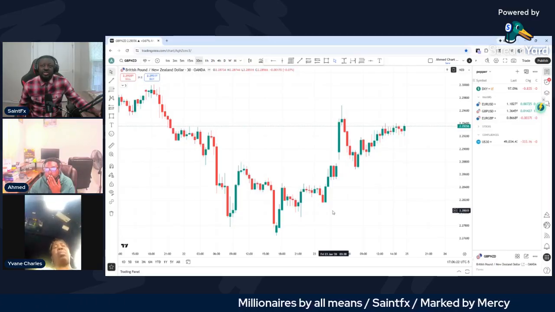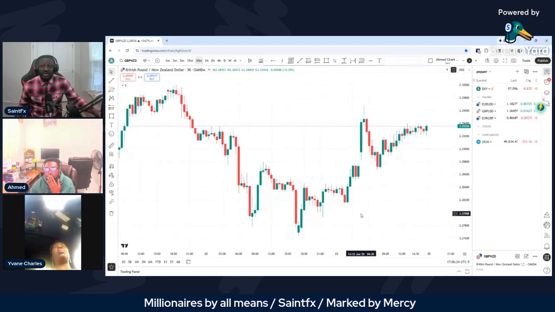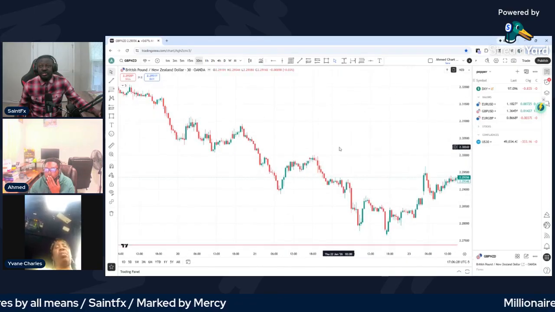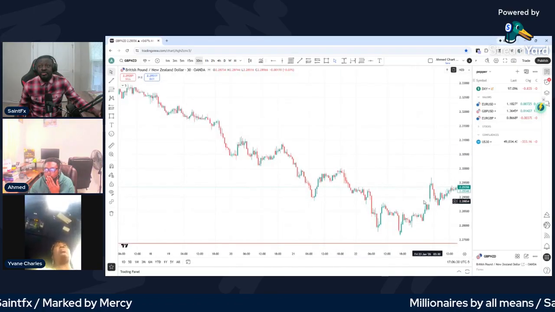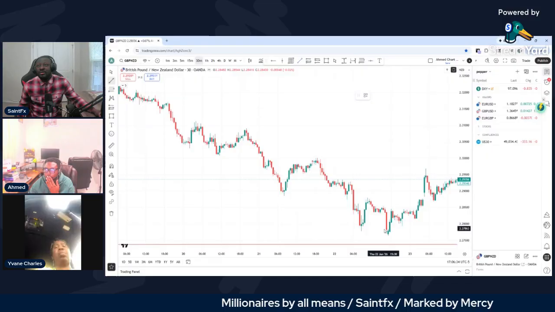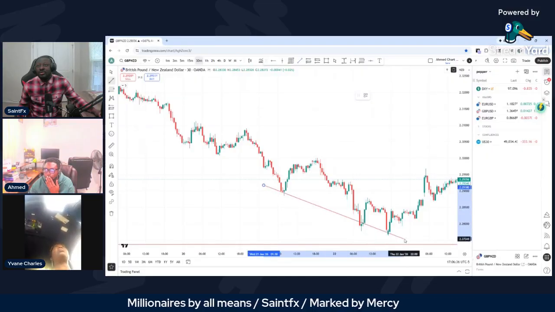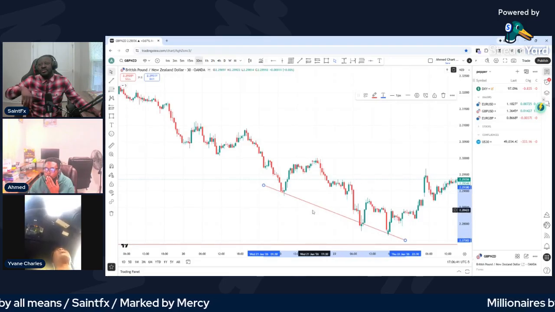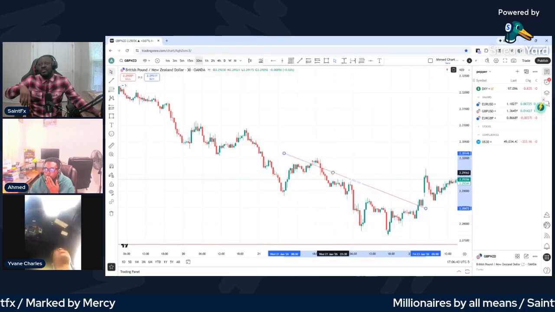So in the 30 minute, try to find a trend line to the downside. You can see a change of character here, right? Don't go too far. It's on top, to draw a trend line from the downside. Yes, just use the top.